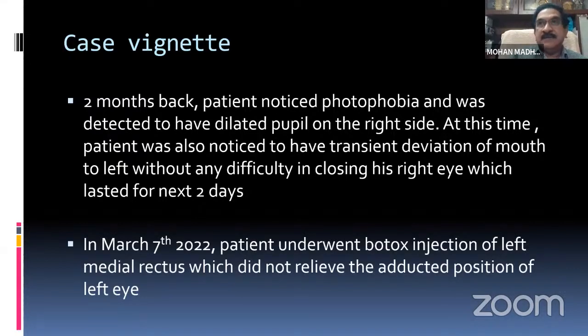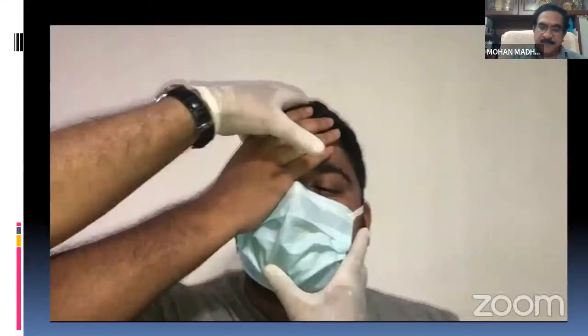In March, last month, March 7th, patient underwent Botox injection, which according to him did not produce any improvement. So I think from the history, it is difficult to connect everything together. So let us come back to the examination and then take the 11 points in the history.